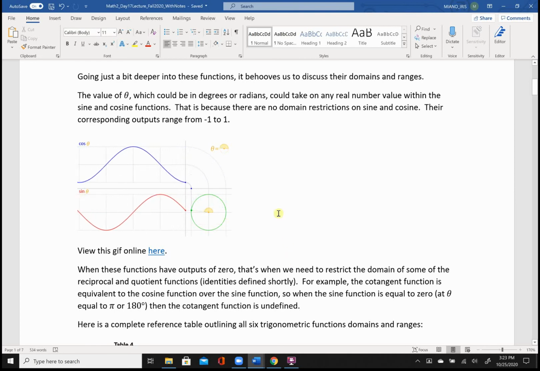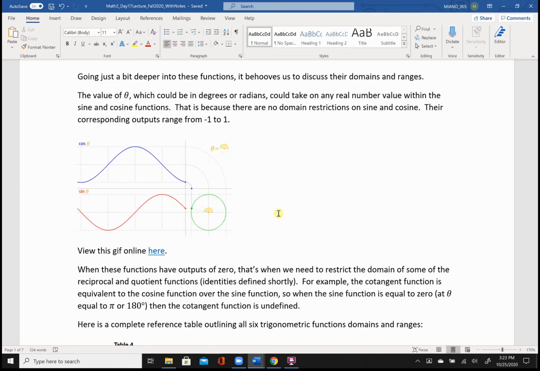So notice the unit circle spinning around in green, and its positional point is corresponding to the x value, which is in blue, and its corresponding position is being tracked in terms of theta in the form of a cosine wave.